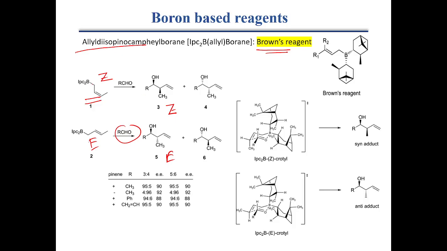If we use plus or beta Brown's reagent, we will get product 3 as the major product and 4 as the minor product. The camphyl group, which is the beta pinene group, is this one.